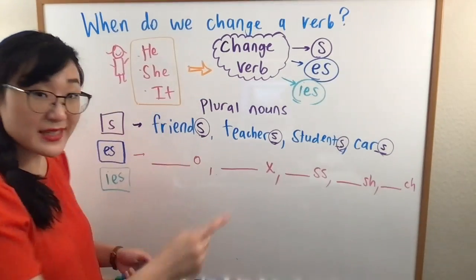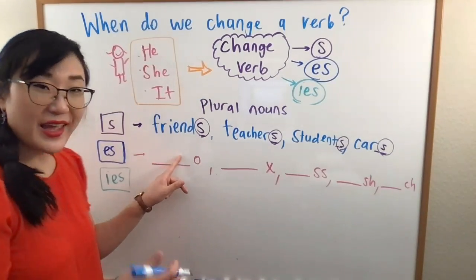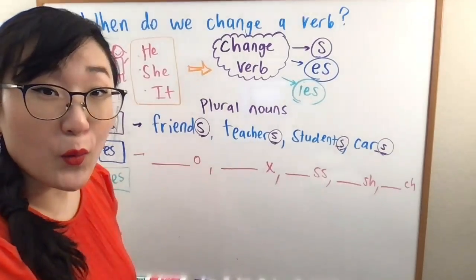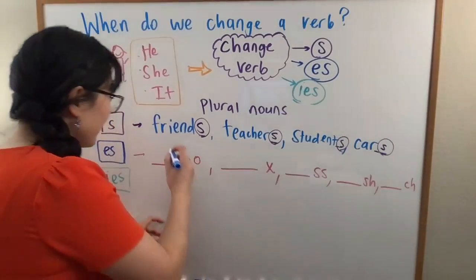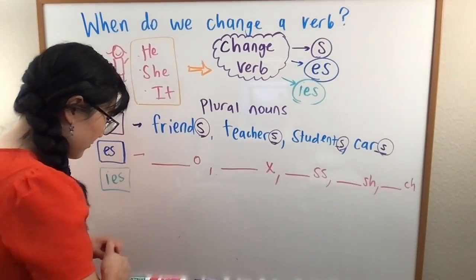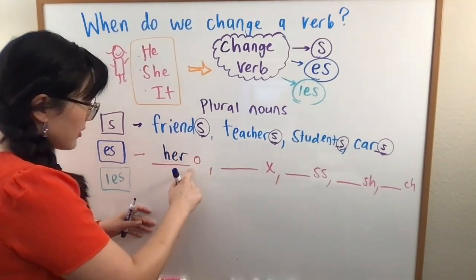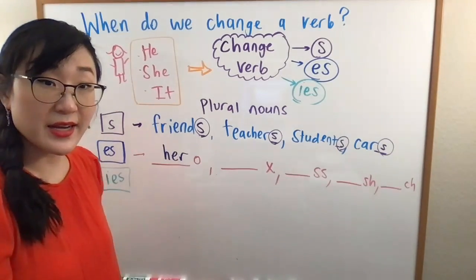Same idea. Give me a noun that ends with an O. For example, hero. Hero. This ends in an O.